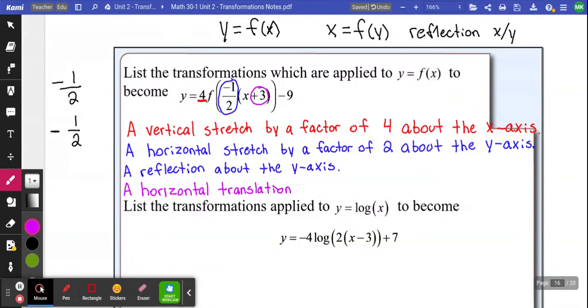Perfect. You have a horizontal translation, 3 units left. The actual h value there is -3, right? Because in my formula, it's minus h. So minus -3 is why it looks like it's +3. But the h value is -3, so it went 3 units left.